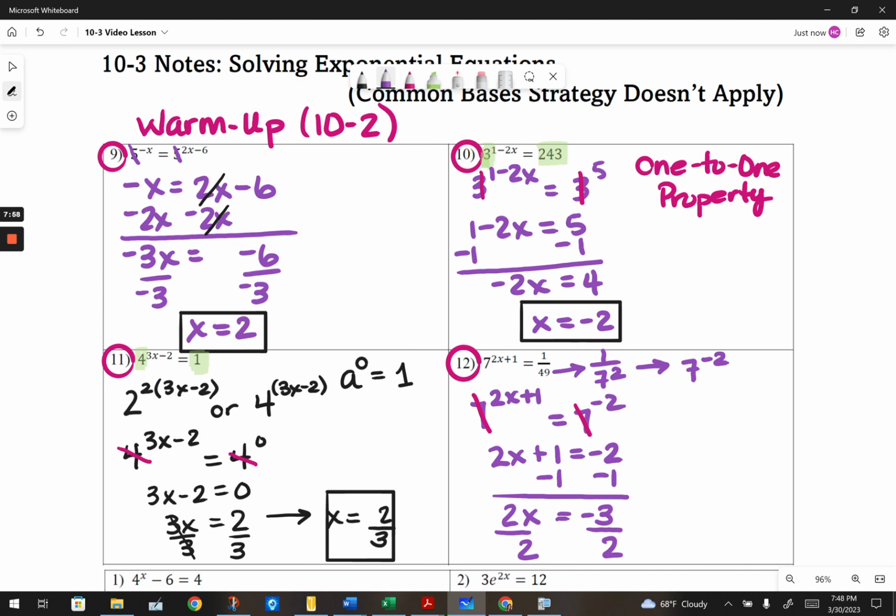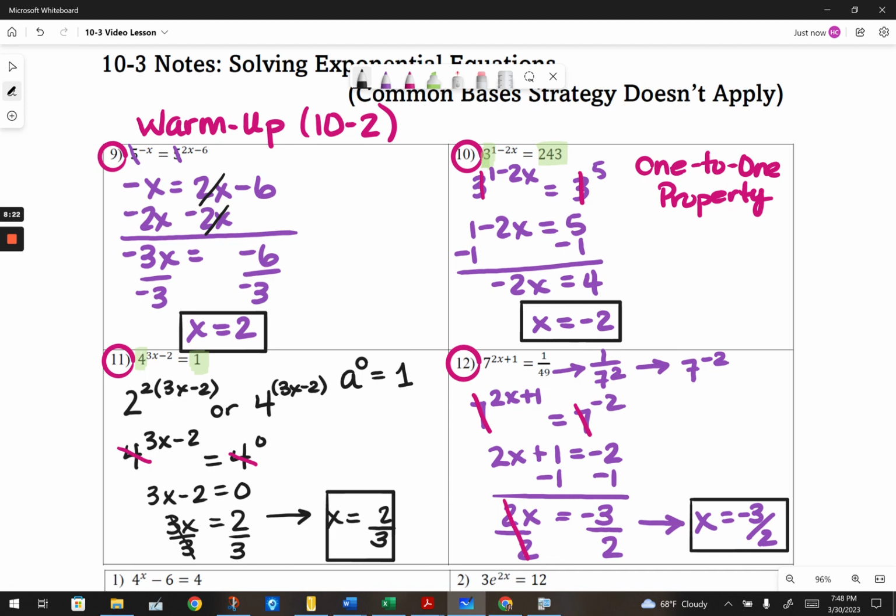Positive 2 on both sides so that I can isolate the x, and x equals negative 3/2, which will just stay as negative 3/2, and you are done.